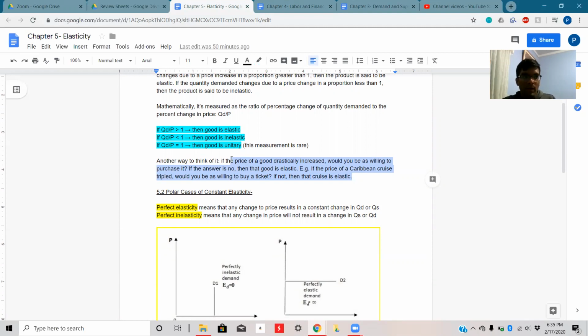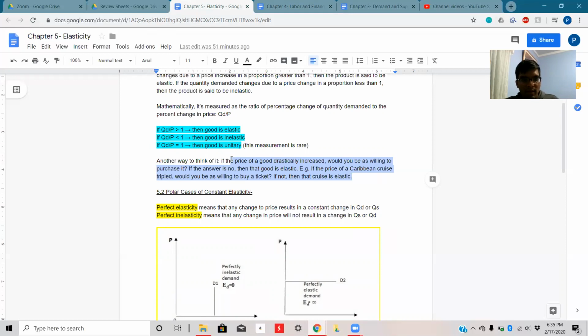So, for example, if you're going to go on a cruise in the Caribbean and you buy tickets this summer, but then next year you want to go on the same cruise, and you notice that the prices have tripled since last year. Would you be as willing to purchase those cruise tickets if the price has tripled, or would you look at it and say, no, it's okay, I'm not going to go this year?